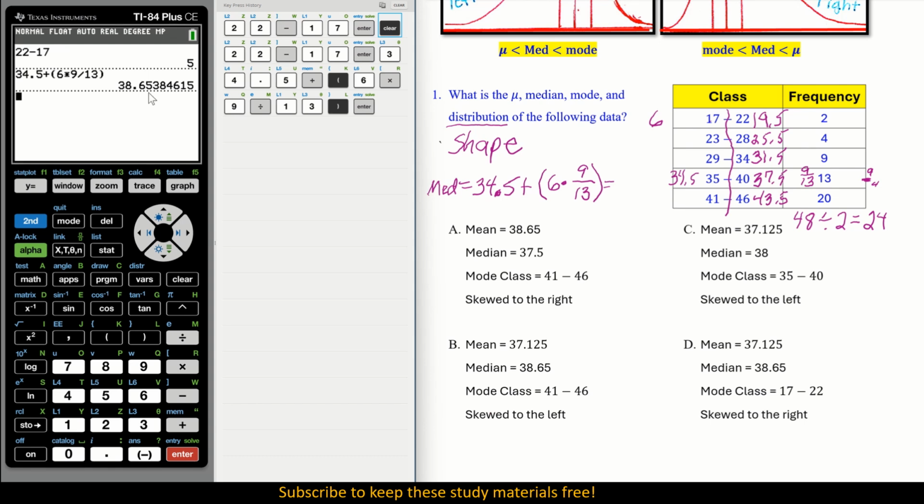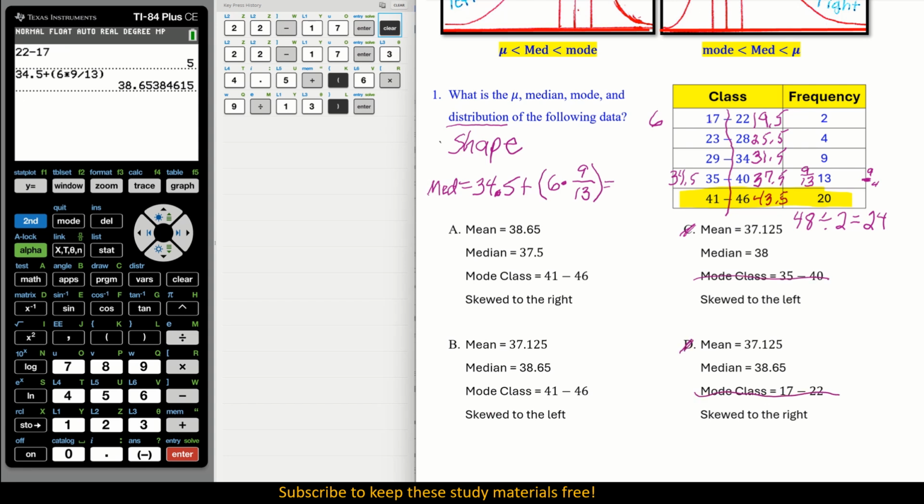So let's think about this. I can evaluate some things right now. First off, we know that our class mode, the mode class, where we have the most values, will be this last one here. I'm going to highlight that in yellow, okay? Since we know that, we see that this is incorrect and D is not going to work.